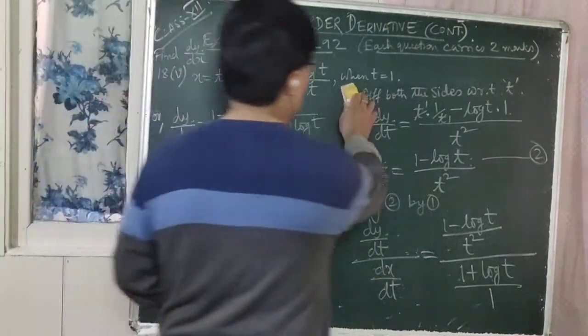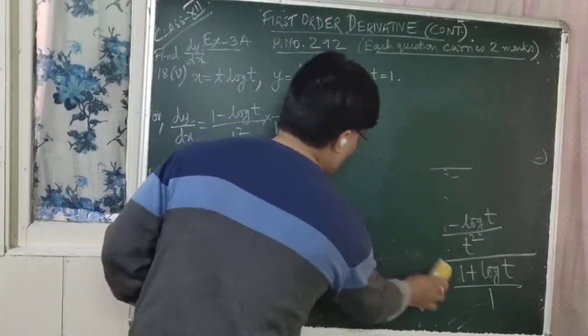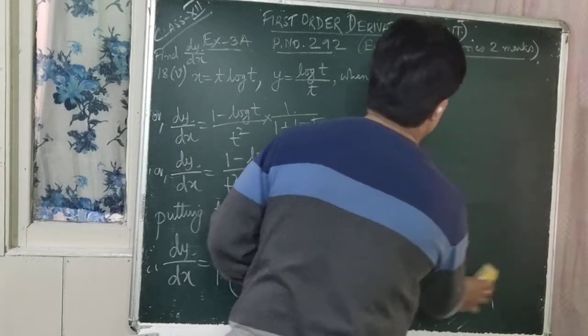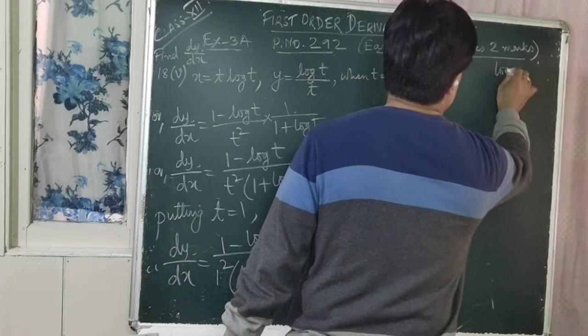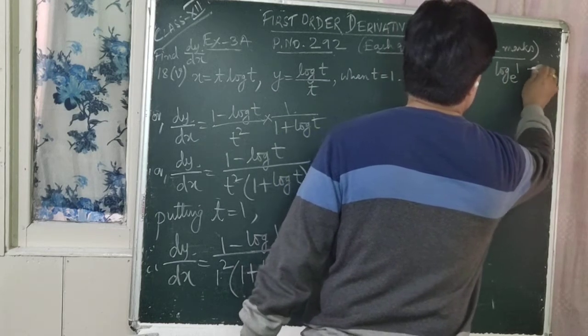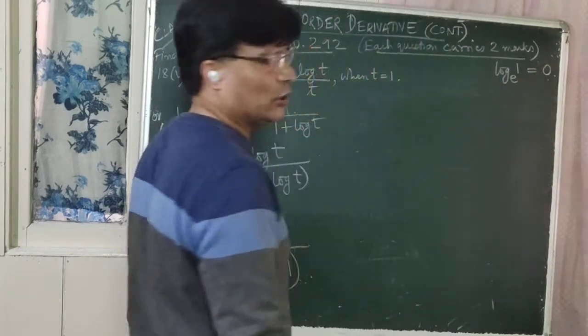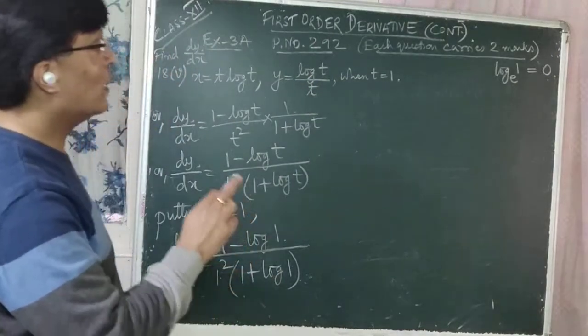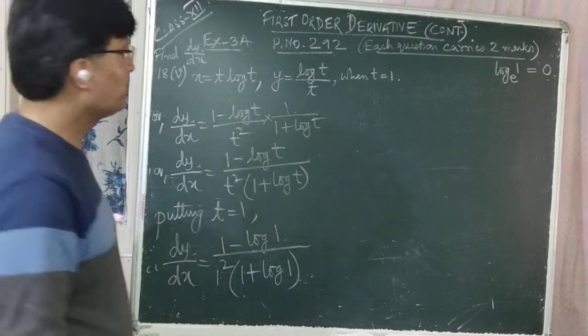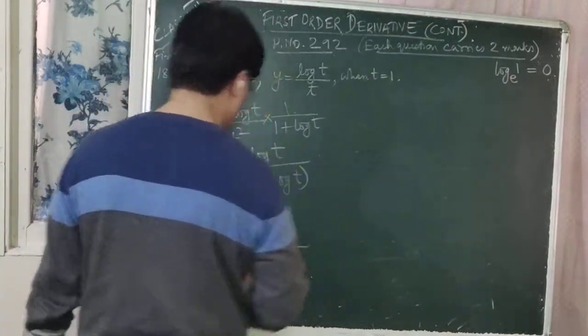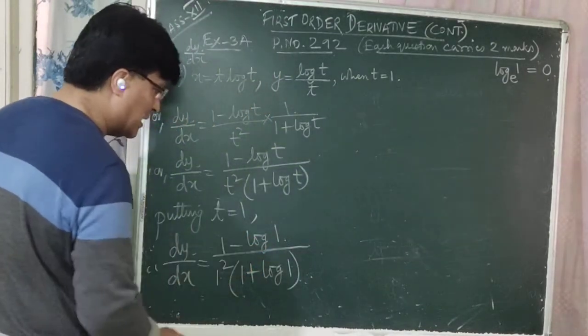Log 1 base e is always equal to 0. You should know it. If there is no base, the base is e.